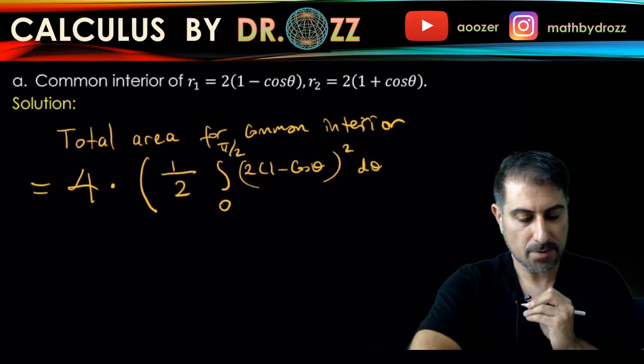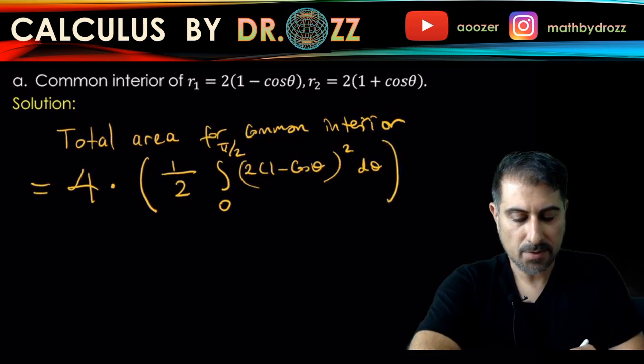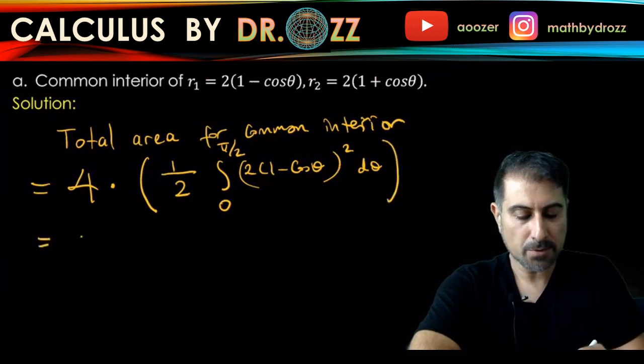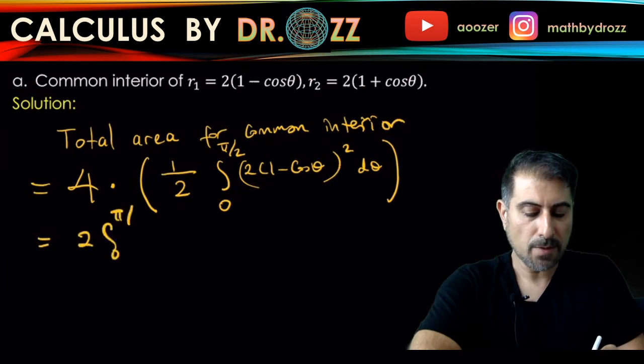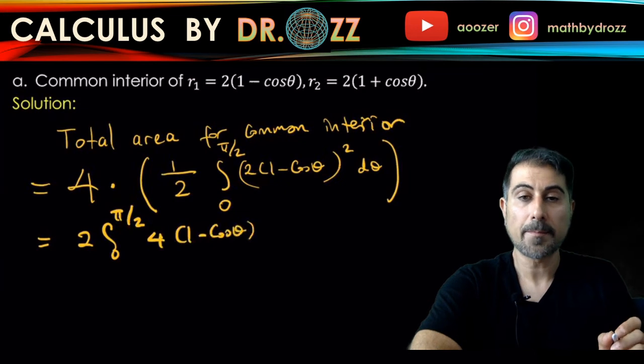All right, so that's good. Let's simplify this. This is 2 times the integral from 0 to pi over 2 of (1 minus cosine theta) squared d theta.